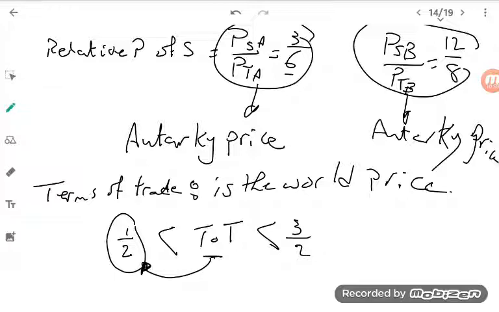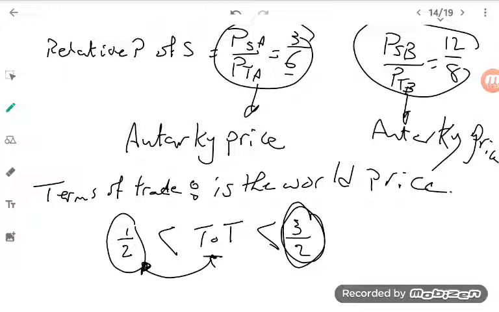In order to encourage people in country B to buy the product from me instead of producing the product by themselves, we have to give them a price lower than their own price. So TOT should be lower than the autarky price of country B. Okay, so TOT, which is the international trade price, will be somewhere between the autarky price of the country that will specialize in the production of the product and the autarky price of the other country.